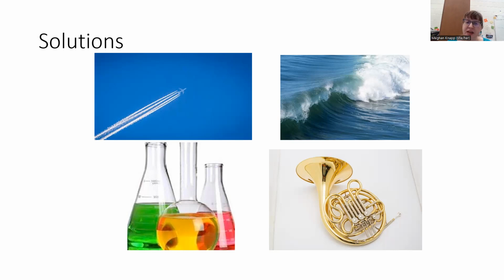Some of the characteristics that you're going to see is that a solution will typically be see-through or transparent. So the sky, I'm just looking at the sky over here and not worrying about the plane and the trail going behind it. That's just to illustrate that we're looking at the sky. The sky is clear. We can see through it. Water is clear. We can see through it.